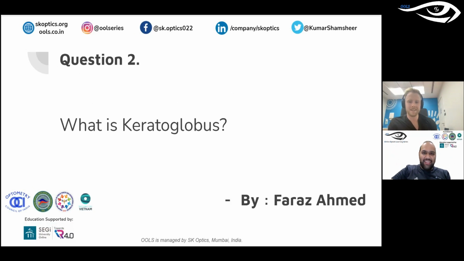What's keratoglobus? I would just like to add on something. Is there any difference you find when refracting a keratoglobus, which we say is more of an advanced corneal ectasia, versus people you see in the earlier stages? So keratoglobus, as the name suggests, is a general thinning of the cornea and ectatic disease. Generally, it's not as focal as keratoconus.